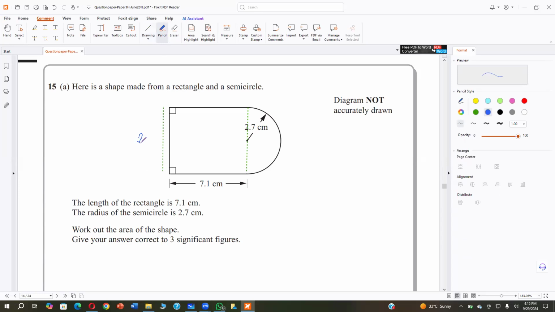This side will be 2.7 into 2, which is 5.4.